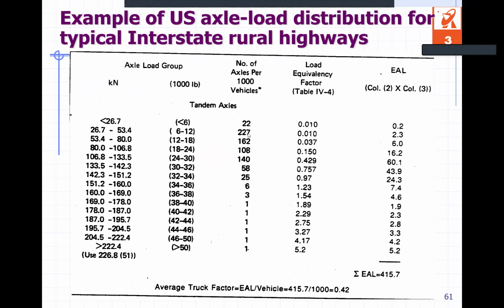You will know how many repetitions you have, how much weight, what damage every axle produces. You multiply the number of repetitions by the damage, and you estimate the damage of every axle that you have in the mix, and then you just totalize them.